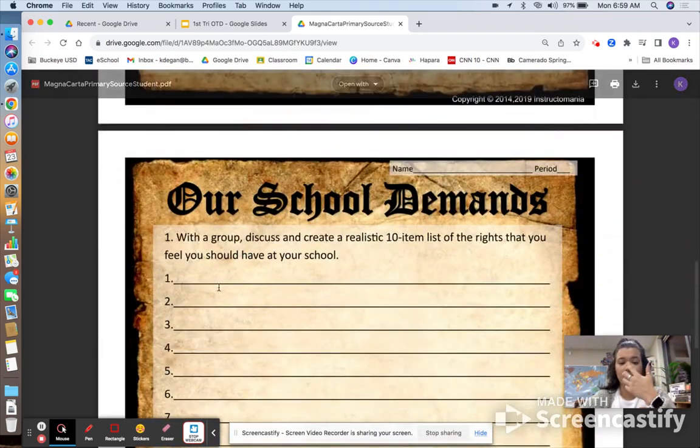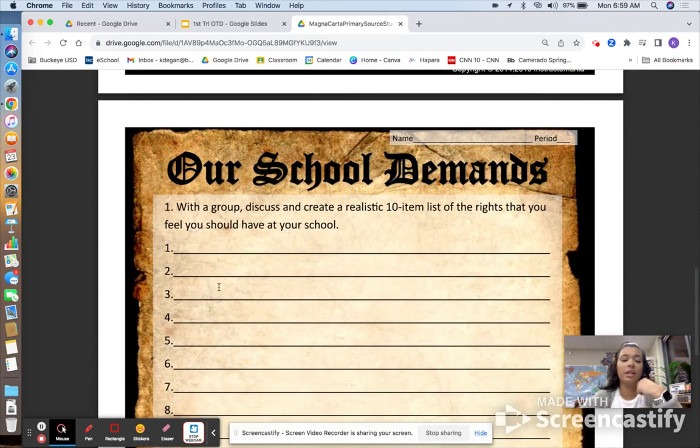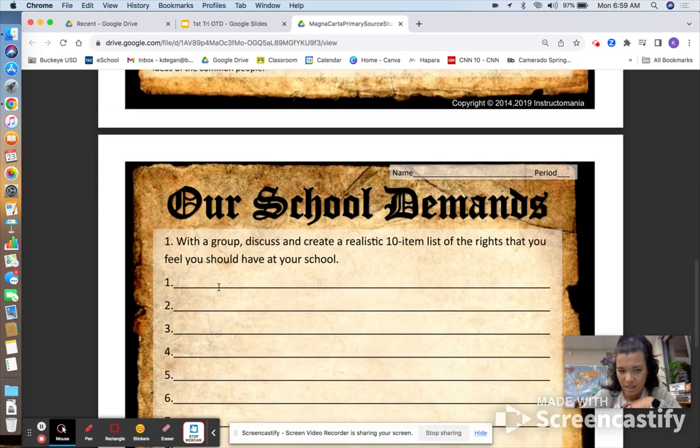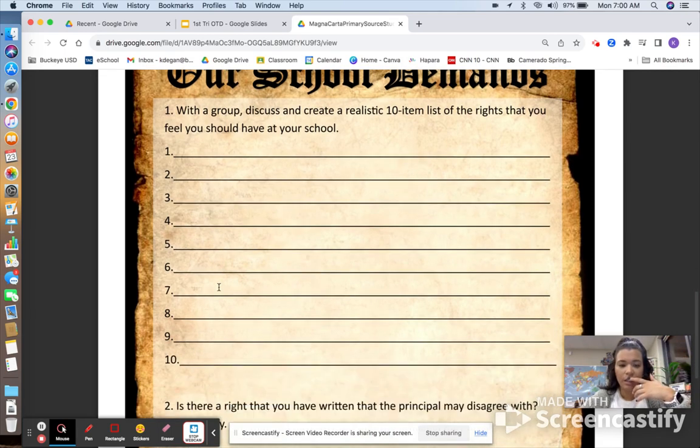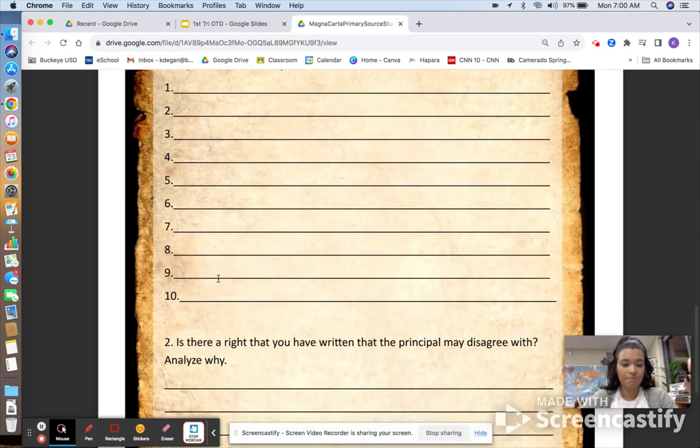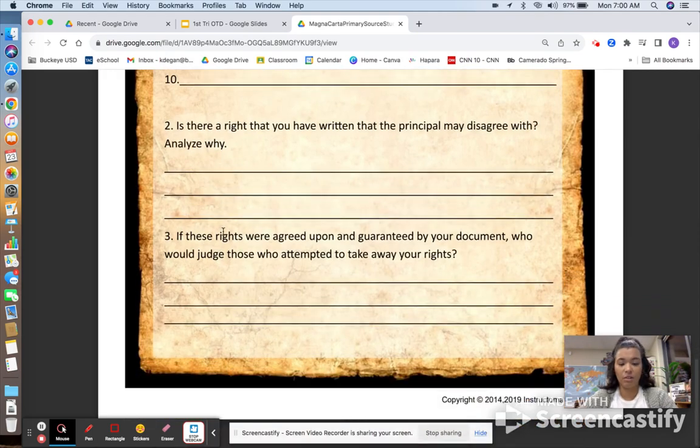On the second page, where it says our school demands, you and your group are discussing to create a realistic list of 5 to 8 rights that you feel you should have at your school. Now, do not write no homework. That's not a right. You need to actually think of things, be thoughtful in your thoughts here. So 5 to 8 of these, and then you have to answer these final 2 questions.